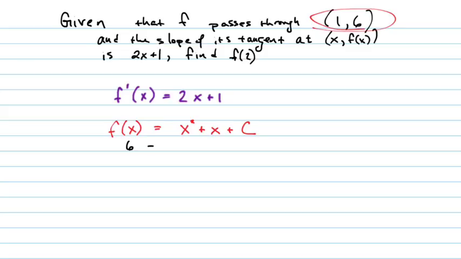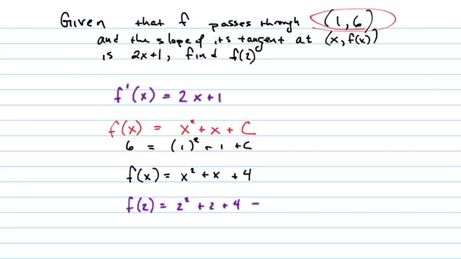So if we plug in 6 for our output, 1 for our input, what does c equal? Four. So our particular antiderivative, the actual function for f, is x squared plus x plus 4. The last step, if you've gotten to here, the last step is the easiest one. You plug in 2. That's it. You get 10.